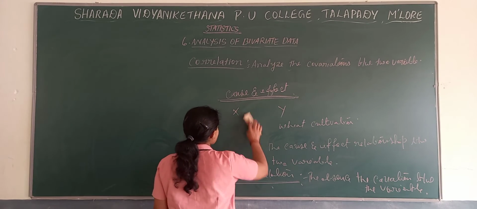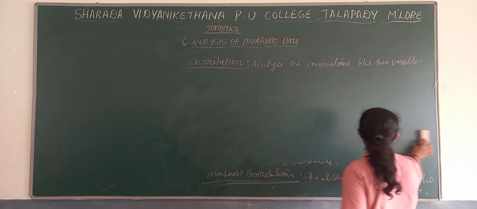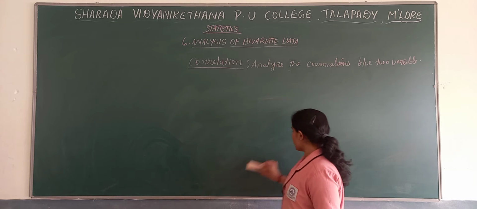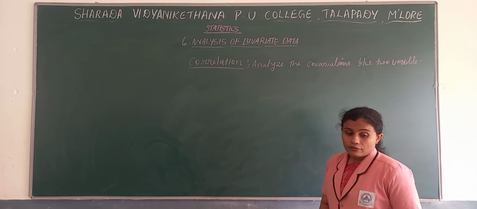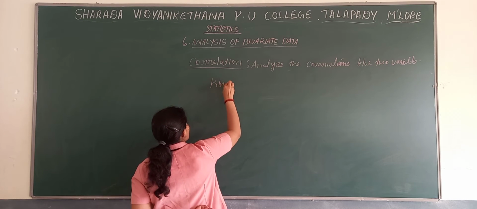Now next we will see what are the different kinds of correlation. This question is important for 5 marks. What are the different kinds of correlation? Mainly, when we discuss the kinds of correlation, there are 4 kinds.